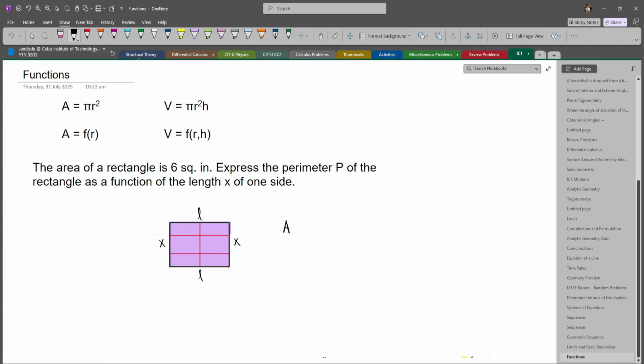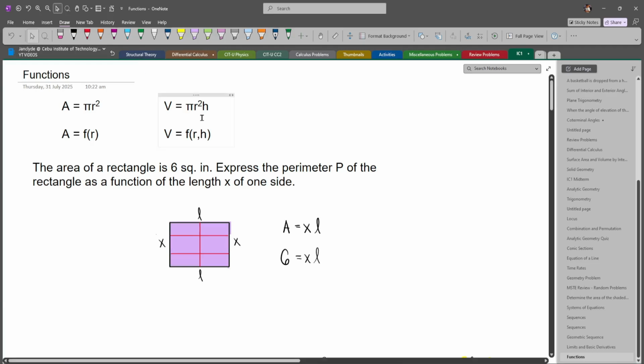Or in other books, it would be the width multiplied by the length. Now take note that these quantities may be used interchangeably. So our width is x, and we have our length, x multiplied by L. This is our area. Now we know that the total area must be equal to 6 square inches. Now equate this to x multiplied by L.